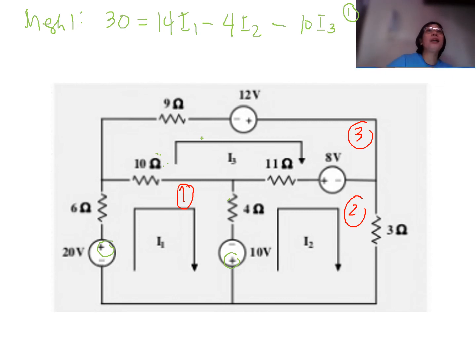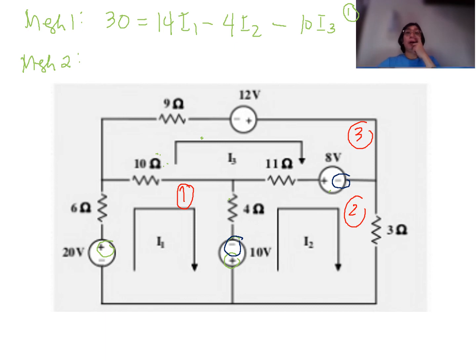Where is that? That is mesh number 2. Okay? So let us now look at the mesh. Let us follow the mesh. We have here minus 10 and minus 8.